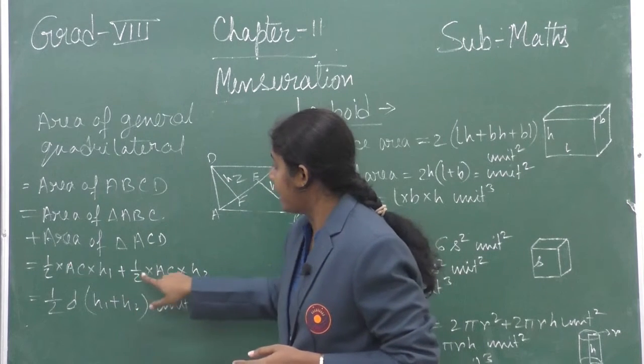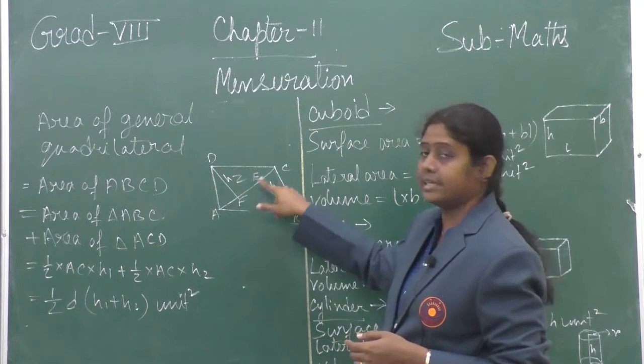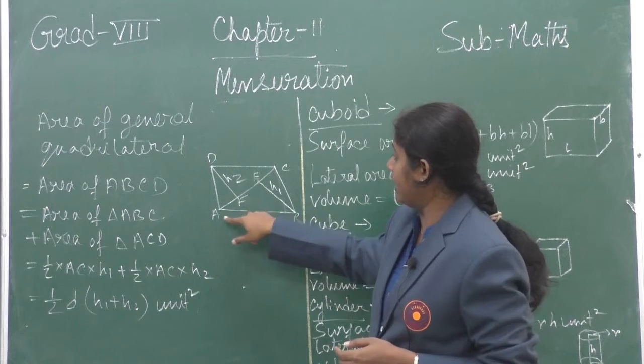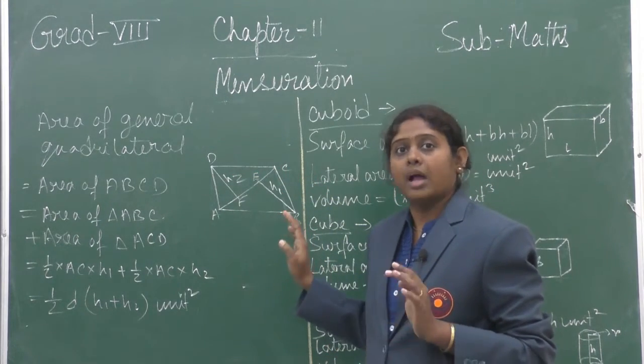Next, plus half into AC into H2, where again AC is the base of the triangle ACD and H2 is the height.